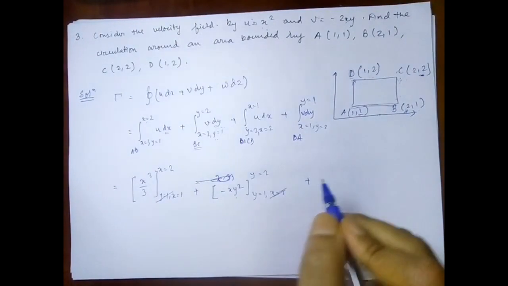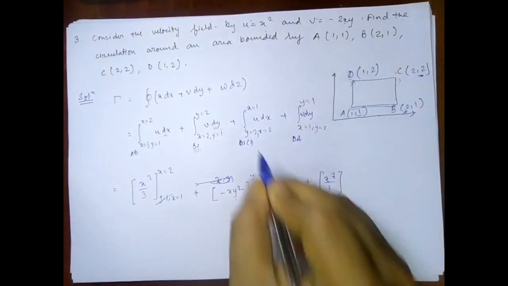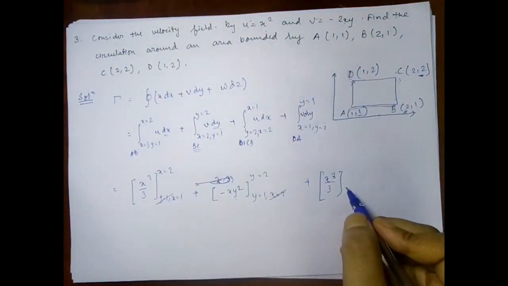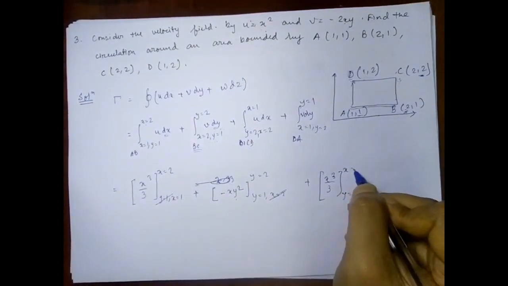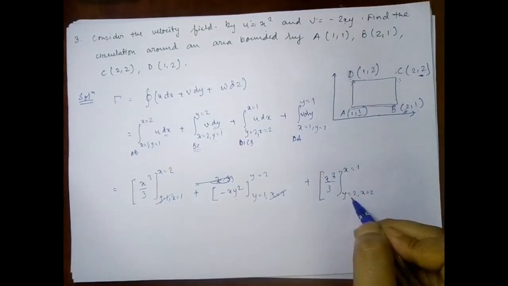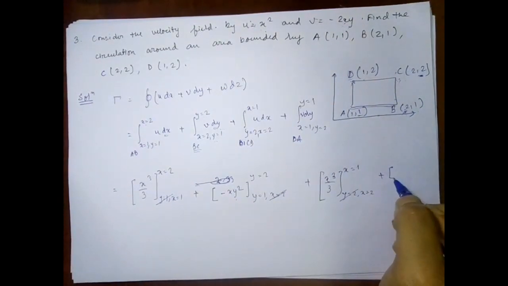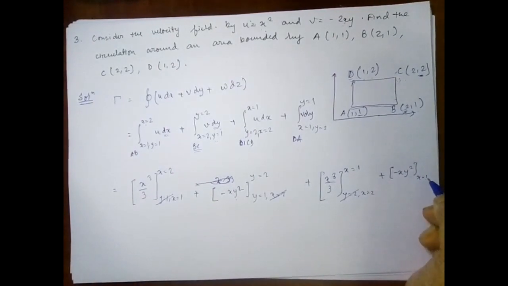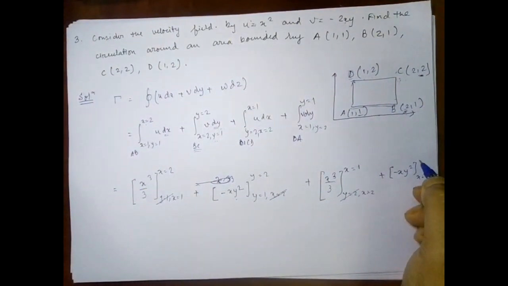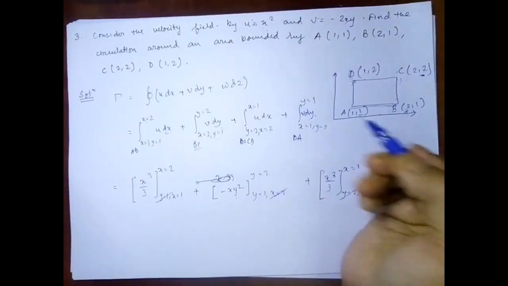Similarly, for CD it will be again x cube upon 3, as u is x square, and the limit will be x equal to 2 up to x equal to 1, and again I will eliminate the y term, plus finally here it will be again minus xy square, and the limit is y equal to 2 up to y equal to 1, and I will again eliminate the x limit as it is with respect to y.